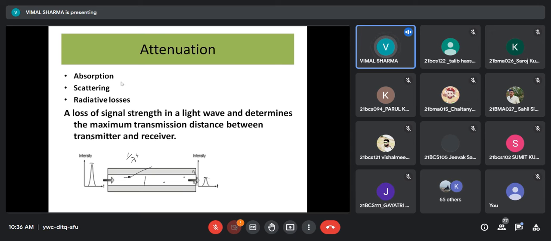Okay, so that is the reason for intrinsic attenuation. And we further divide this intrinsic attenuation into two categories: material absorption and Rayleigh scattering.